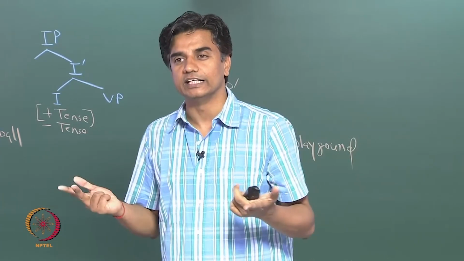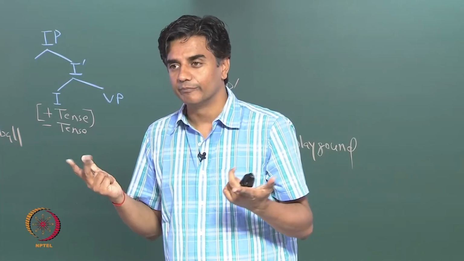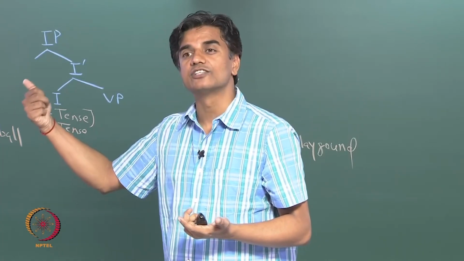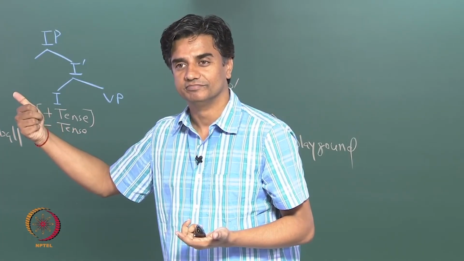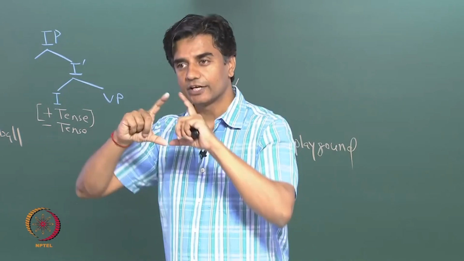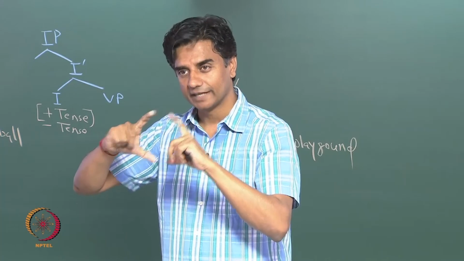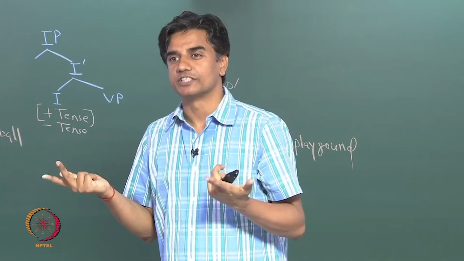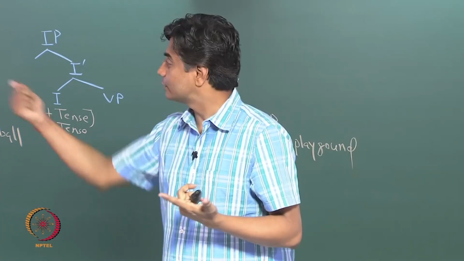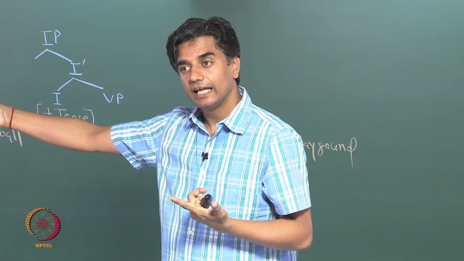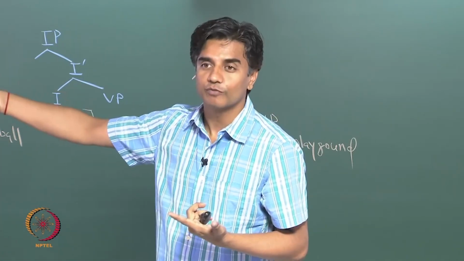What is him doing here? How did it get him? And where did it get accusative case from? Him is an accusative case NP. Him, right? And who gave it accusative case? Even though it is a non-finite sentence, him is the subject of that non-finite sentence.